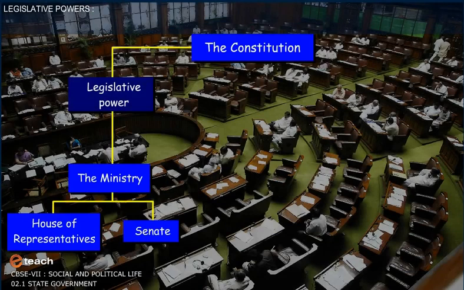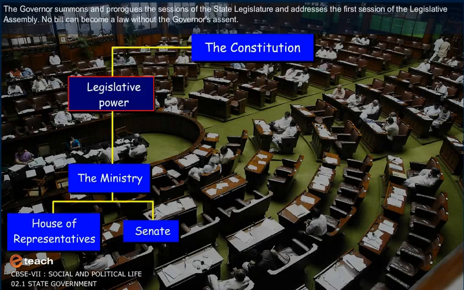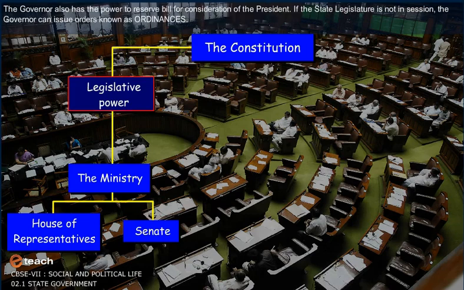Legislative powers. The Governor summons and prorogues the session of the state legislature and addresses the first session of the Legislative Assembly. No bill can become a law without the Governor's assent. The Governor also has the power to reserve a bill for consideration of the President.